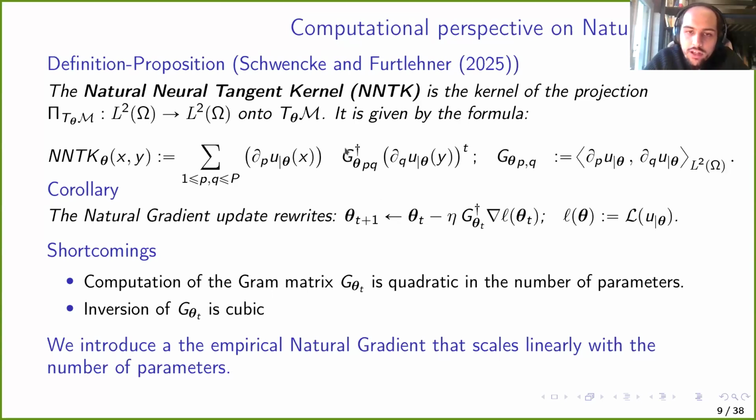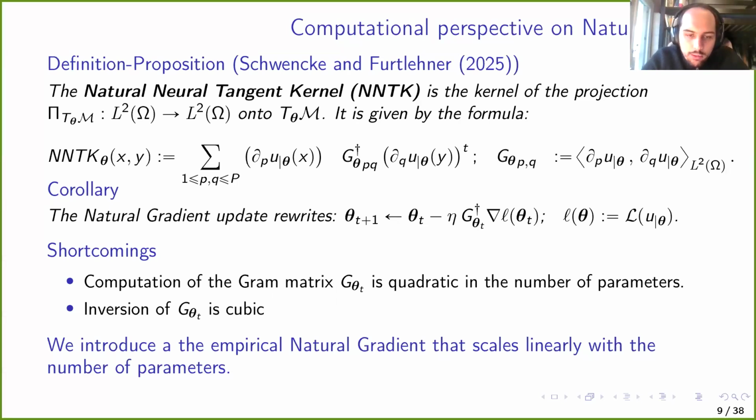Where in their case it's just the identity here, but in our case we replace the identity by the Gram matrix of the partial derivatives of the neural network. Okay, and so using that we recover the traditional update of natural gradient updates, using the pseudo inverse of the Gram matrix.